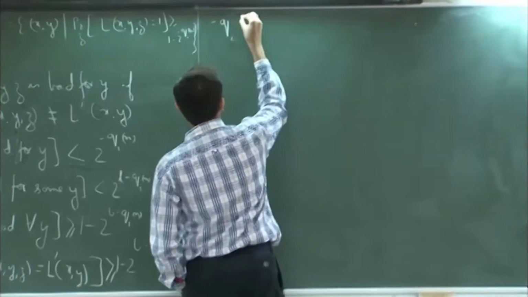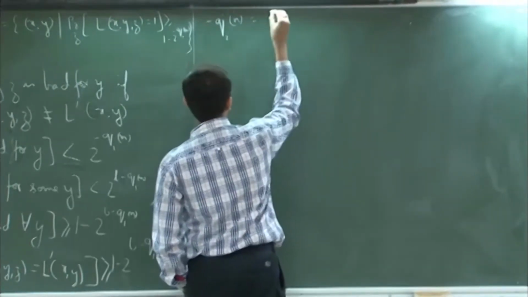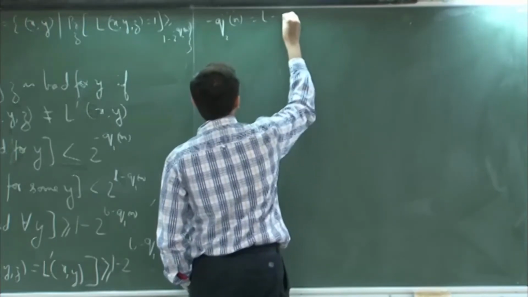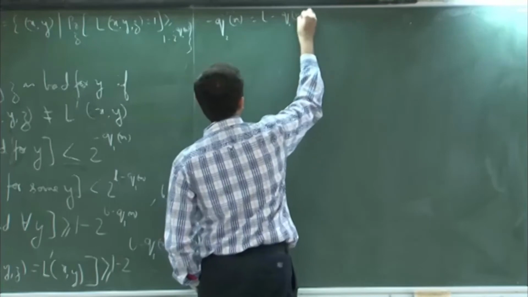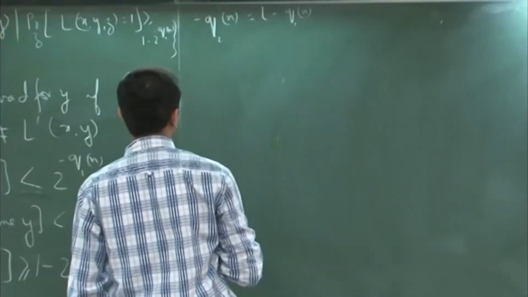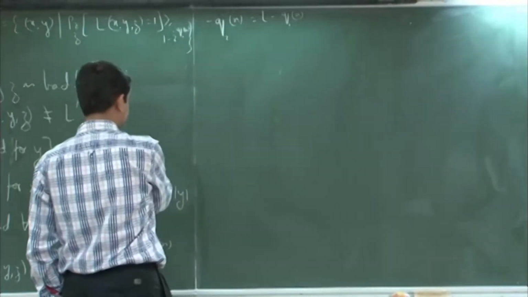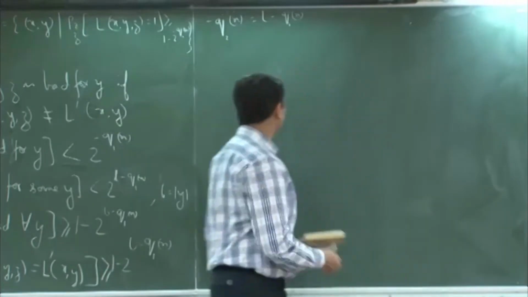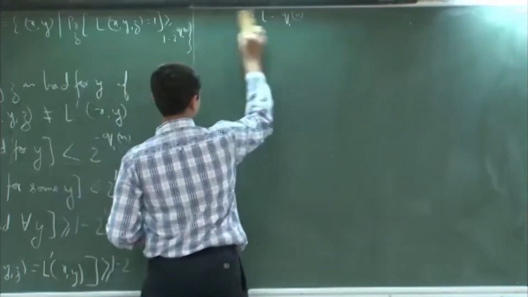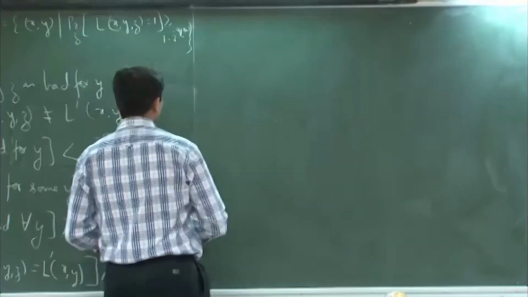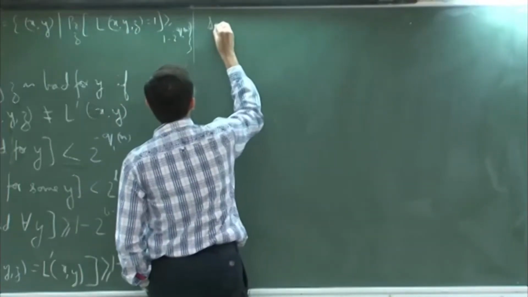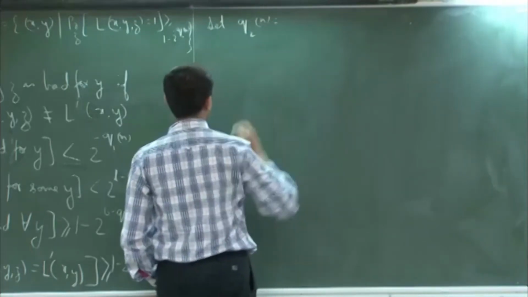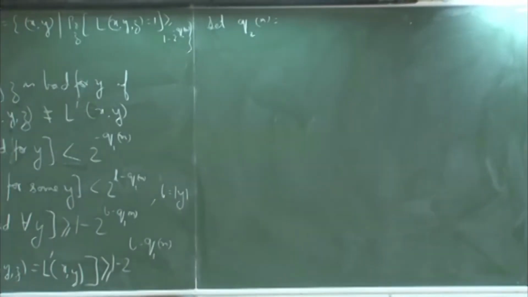So minus q2 of n is equal to L minus q1 of n. Will this work? Anyway, let us just not fix what our q2 is, we will probably fix it later on. I will just leave this blank for the time being, but let us see what we want.